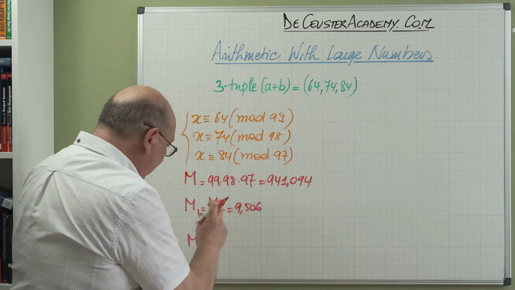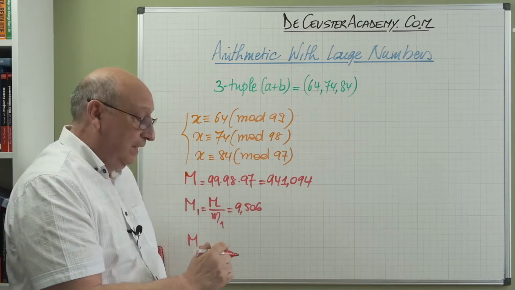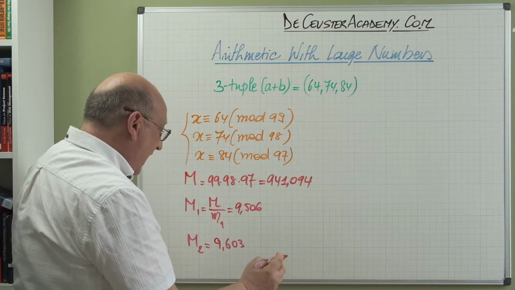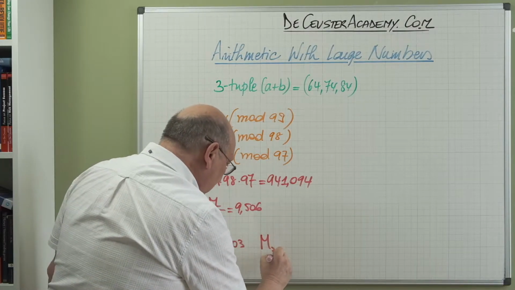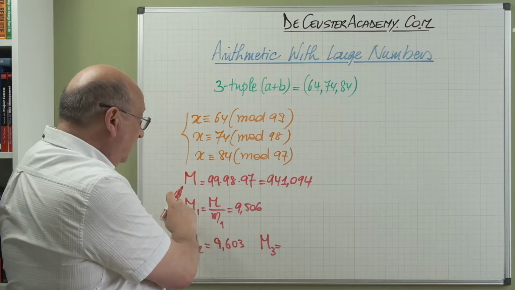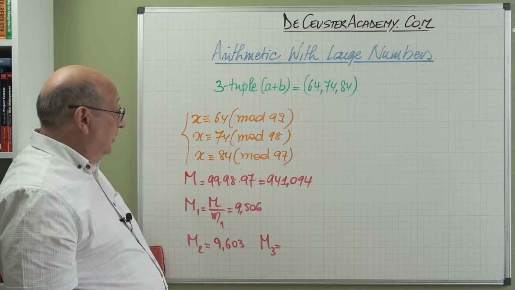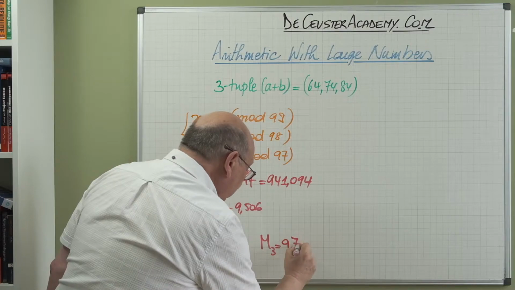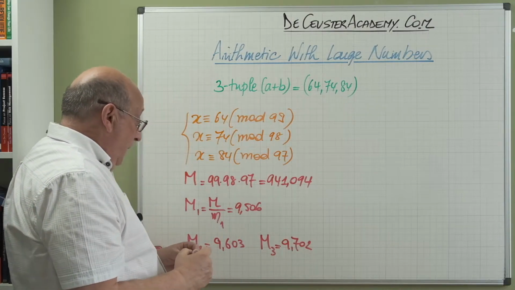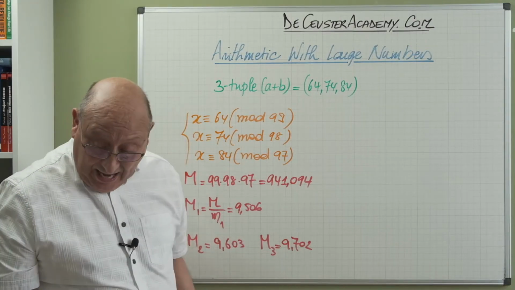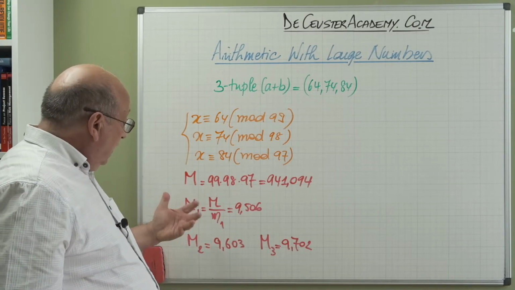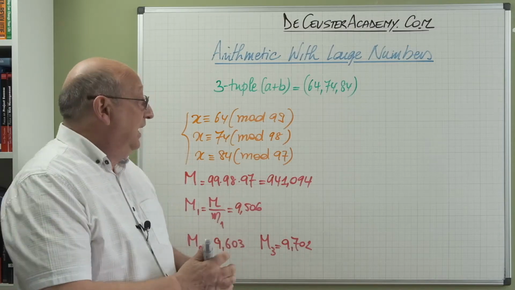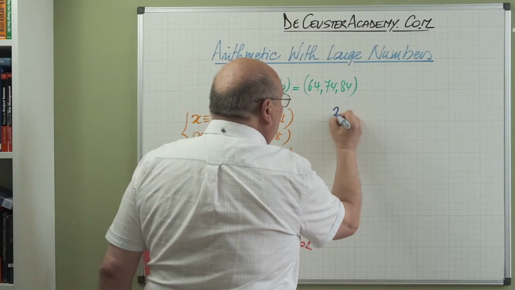For M2, M divided by m2 gives us 9,603, and the last one, M3, is big M divided by 97, which gives us 9,702.